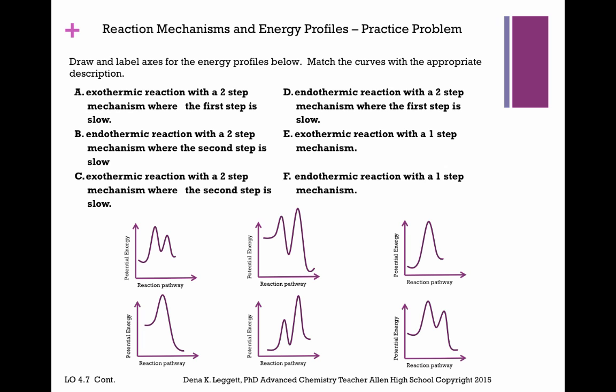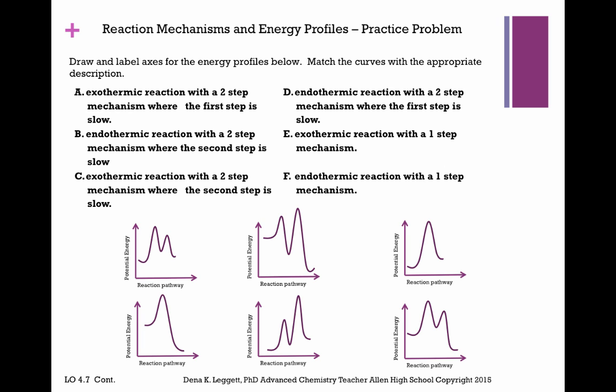So let's go through this way. If it's a two-step mechanism, what should we look for in the diagram? Two peaks. Okay, so we have 1, 2, 3, 4. Those 4. If it's exothermic, what should we look for?